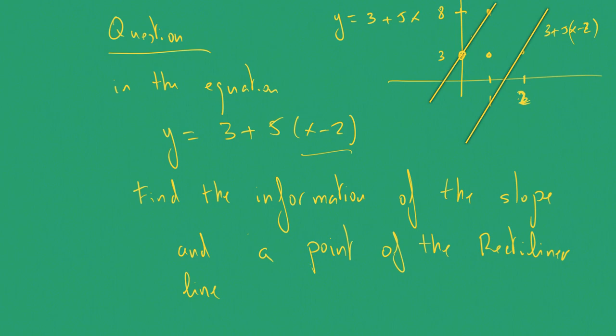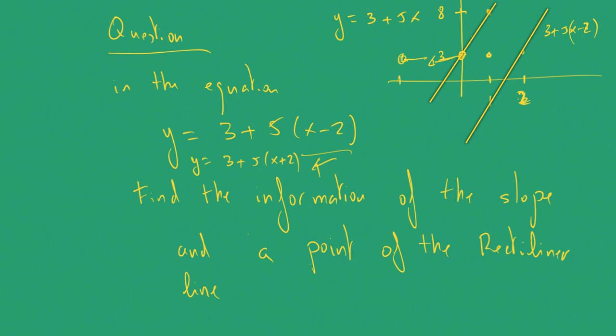What happens if the equation is y equals 3 plus 5x plus 2? You move it 2 units to the left. You can check it. You can draw this equation, and it will be the same one that minus 1, minus 2.